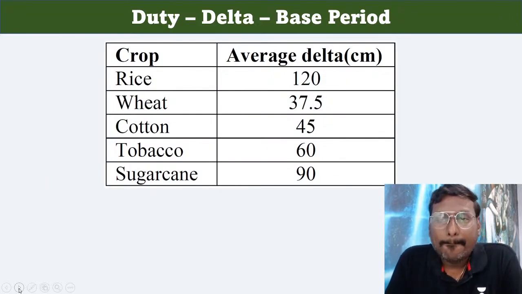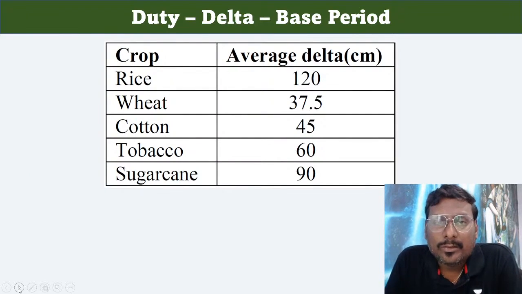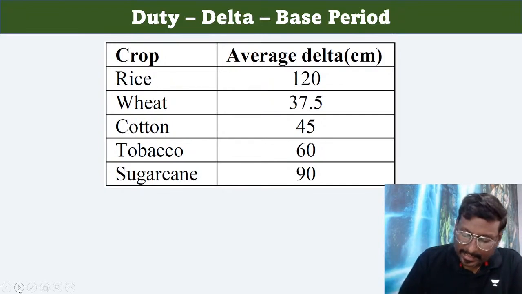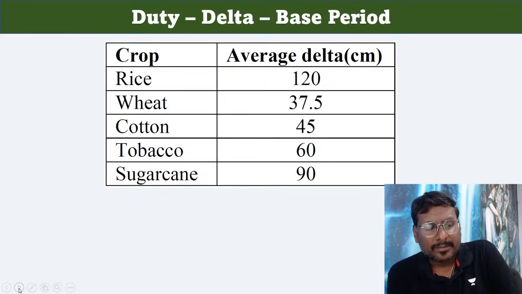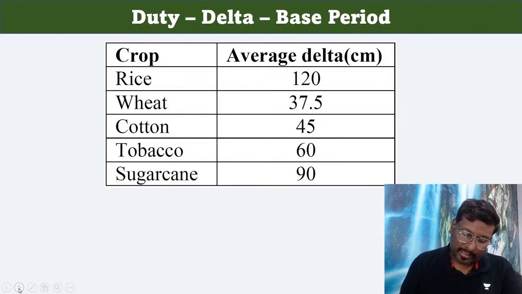So these are the average delta values. Rice carries the highest delta, 120 centimeter; wheat 37.5, cotton 45, tobacco 60, sugarcane. You need to learn these by heart if you are preparing for the AEE engineering service exam.